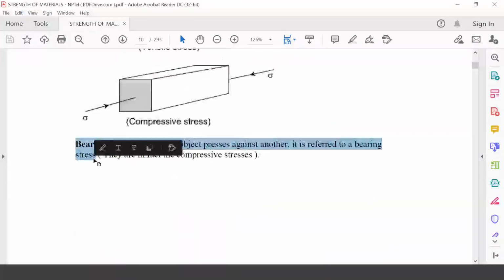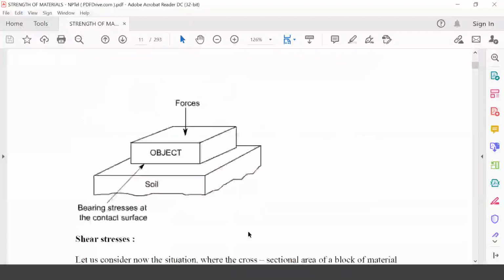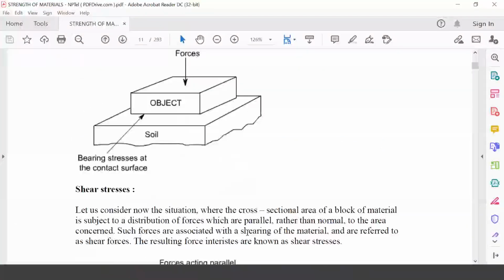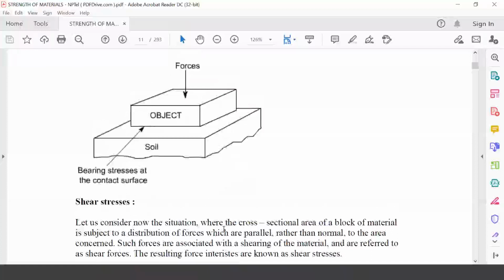You are pulling it from this side, right? So this is tensile. Now if you are pushing it from this side, then it becomes compressive. This is T. Understood? Yes, sir. That was your doubt, right? Okay, good. You should ask questions.